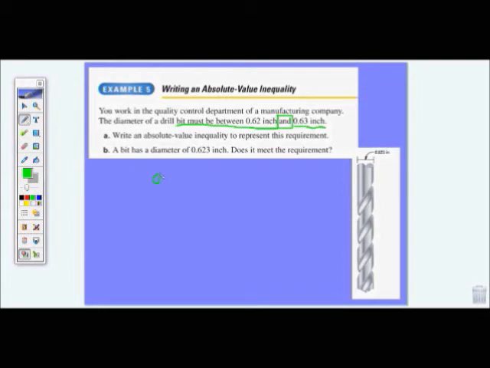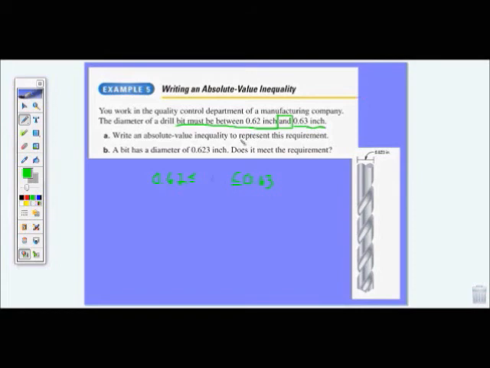My variable, which I don't know what it's going to be yet, is going to be greater than or equal to 0.62, but it's going to need to be, because it has to fall in between these, 0.63 is greater than or equal to.